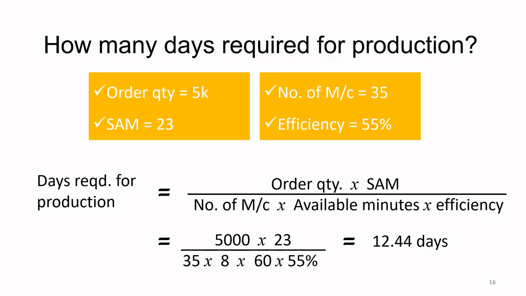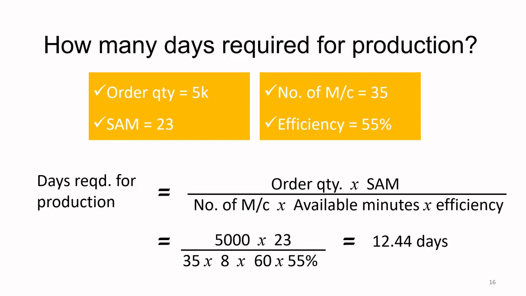The standard allowed minutes is 23 minutes. And the factory has 35 machines available for this particular style. And the factory has an efficiency of 55%. It may be a mid-sized factory which has yet to evolve to higher efficiencies.